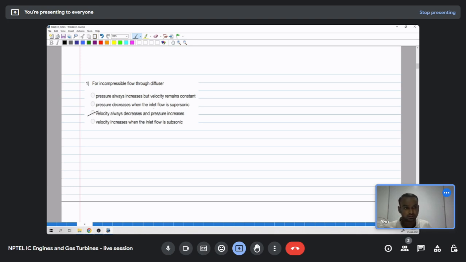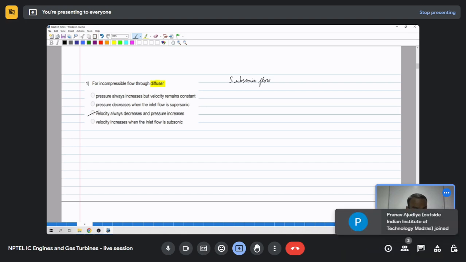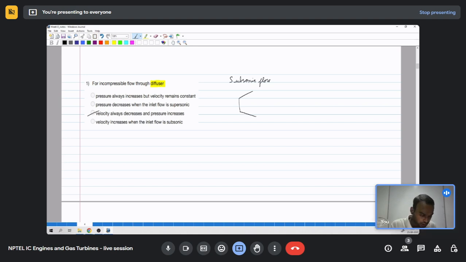So the answer is option 3, because if it is mentioned as a diffuser, it means that it always increases the pressure by decreasing the velocity. The rate of change of area will be positive or negative based on supersonic or subsonic flow. For a subsonic flow, the diffuser will have a diverging area.